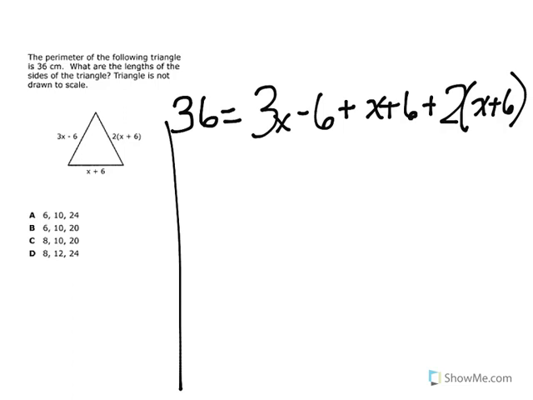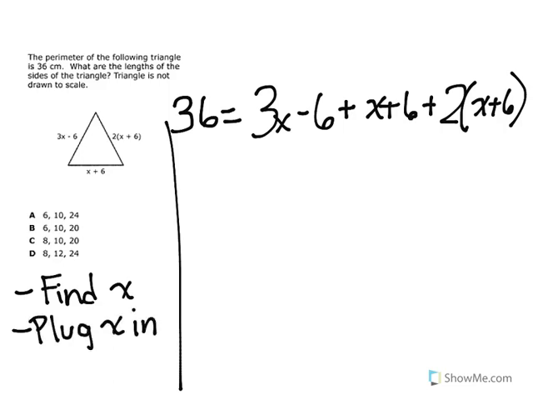My goal is to find the lengths of the triangle, so I first need to find x, then plug x into each side, and then I get my side lengths. So we need to first find x.